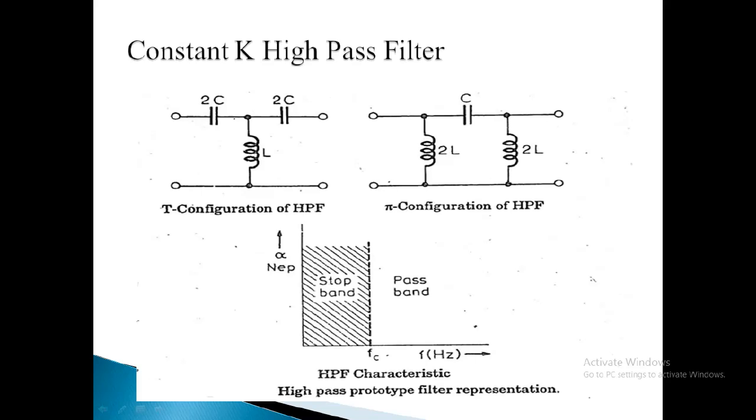The third figure shows the high pass filter characteristics. From this graph it is very clear that the high pass filter passes the signal above cutoff frequency and attenuates all the signal below cutoff frequency.